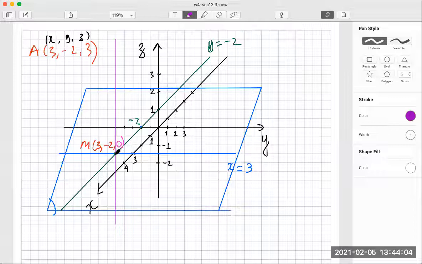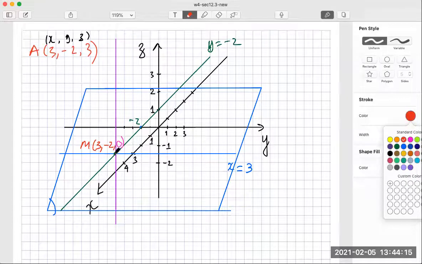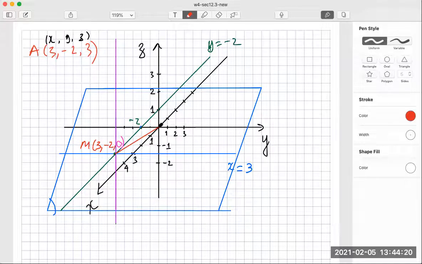And the point M here, the distance from the point M to the point A will be the same as the distance from here, which is 0, right, to 3 here. Okay.